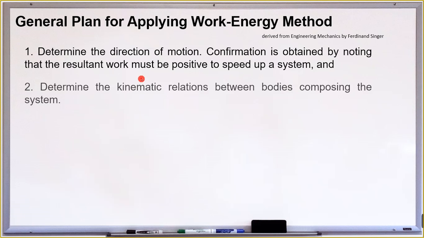And then next, determine the kinematic relations between bodies composing the system.